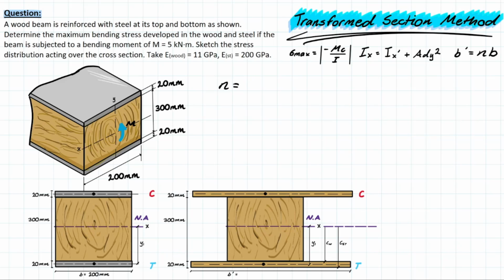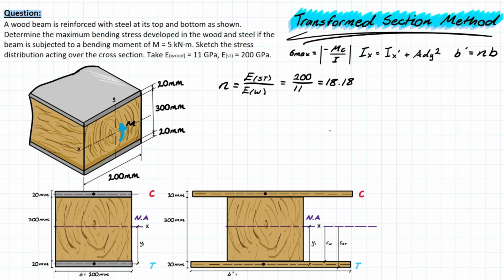So if we write that down as a formula, the modular ratio for this problem, if we wanted to convert steel into wood, is the modulus of elasticity of steel compared to the modulus of elasticity for wood. Plugging in our values, we have 200 GPa for the steel and 11 GPa for the wood, which is going to equal 18.18 approximately.